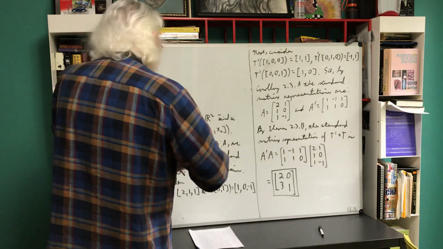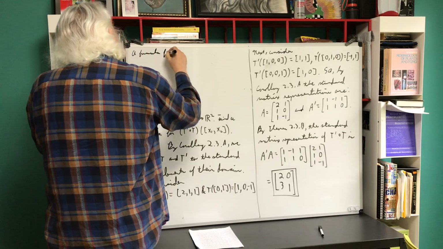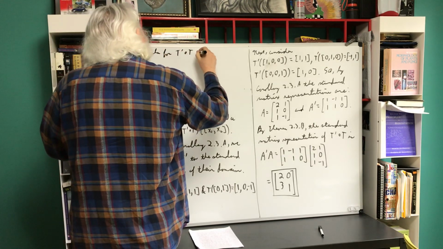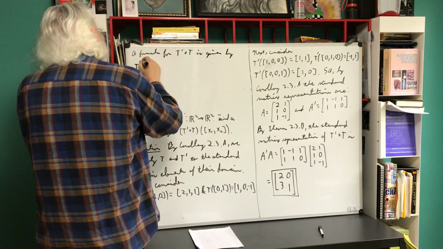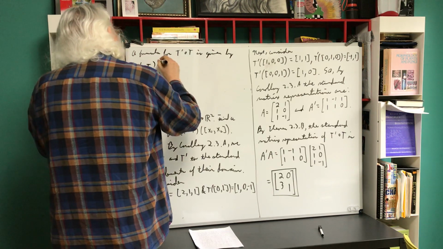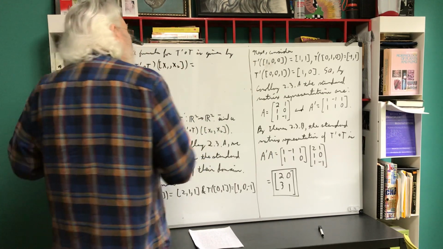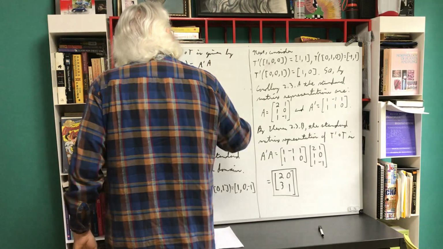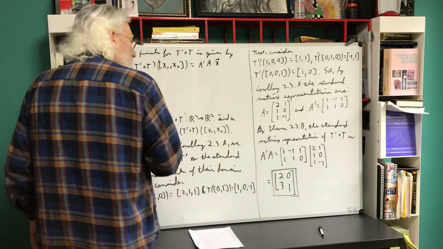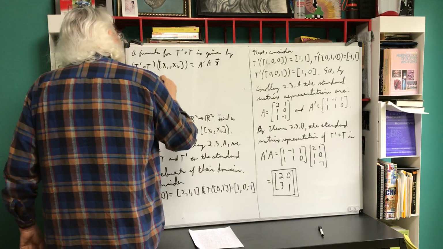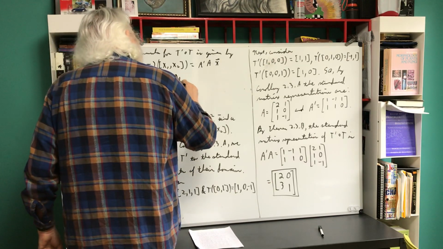So the formula for the composition T prime composed with T of x1, x2 is represented by the matrix product times the x vector. The matrix is 2, 0, 3, 1 in terms of rows, and we'll write the vector as a column vector.